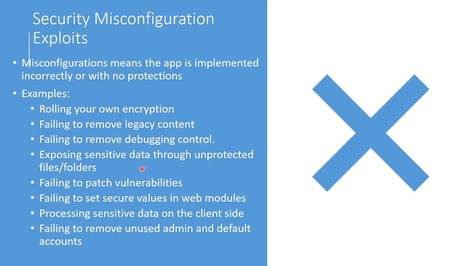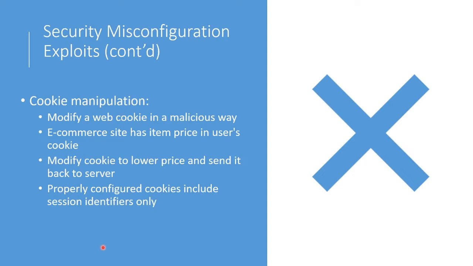Or they're exposing sensitive data because you have files and folders that are unprotected. Or the operating system administrator or the database administrator or the web server administrator didn't patch anything. Or they didn't set any secure values in the web modules. We didn't protect any sensitive data or process it properly on the client side. Or we failed to remove unused admin and default accounts.